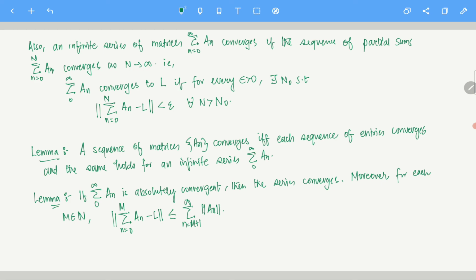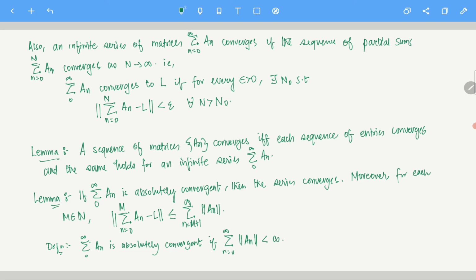Before that, let me write down what absolute convergence is. You guys already know this, it's exactly the same as real analysis. So, definition: summation 0 to infinity An is absolutely convergent if the corresponding infinite series of real numbers, summation n equals 0 to infinity of the norm of An, is less than infinity.